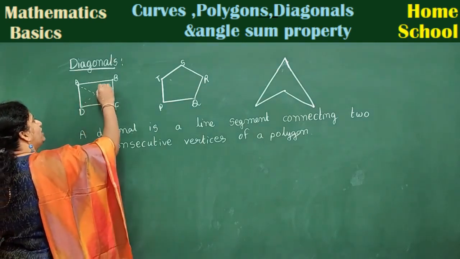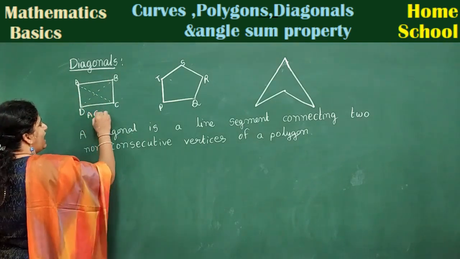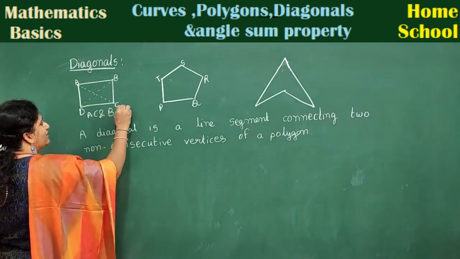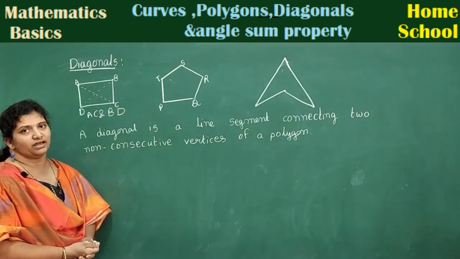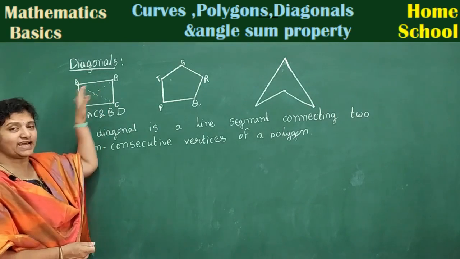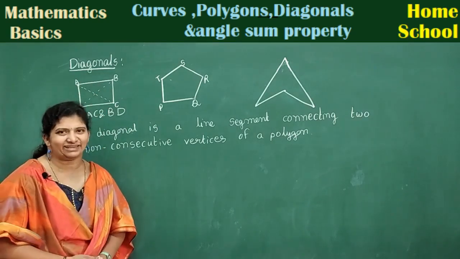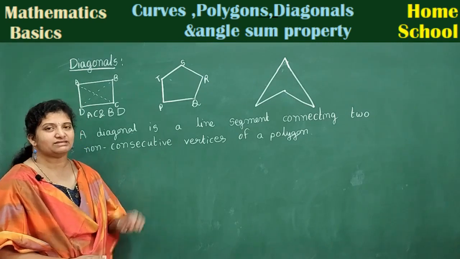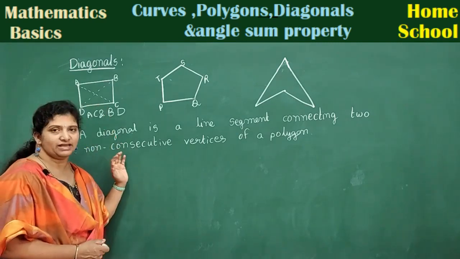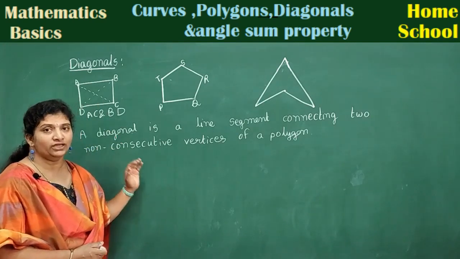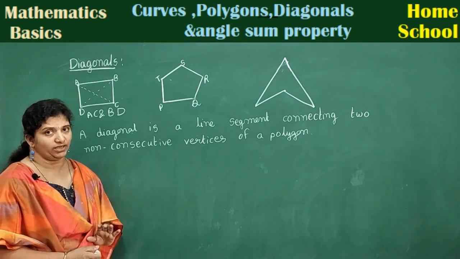Then from B to D you can join. Therefore, AC and BD are the diagonals of this four-sided polygon. What is it? It is a quadrilateral. Okay, understand carefully. A diagonal is a line segment joining two non-consecutive vertices of a polygon.